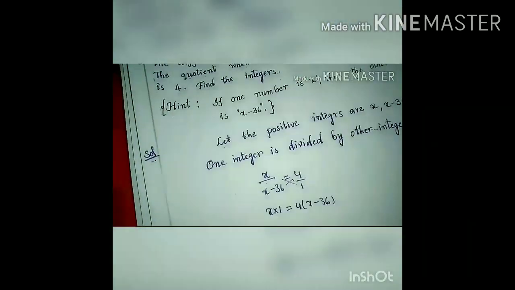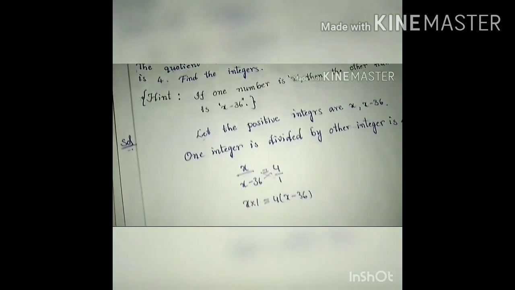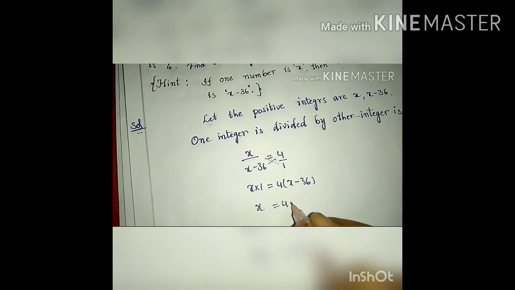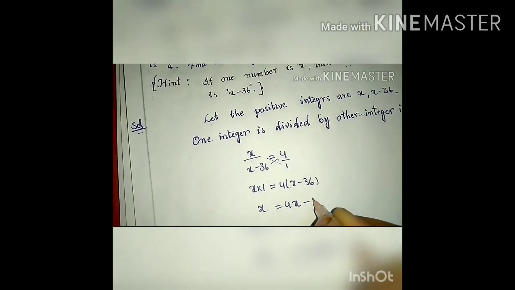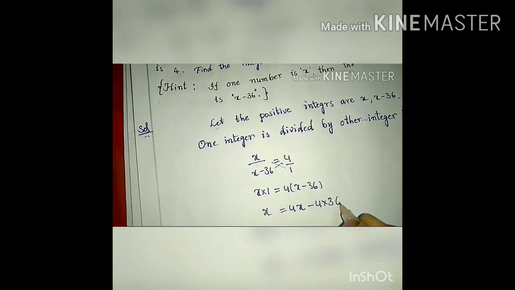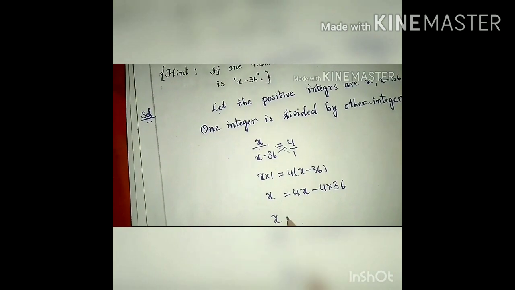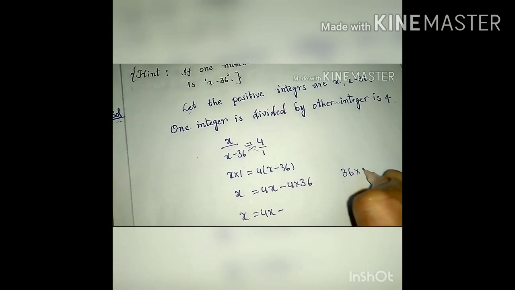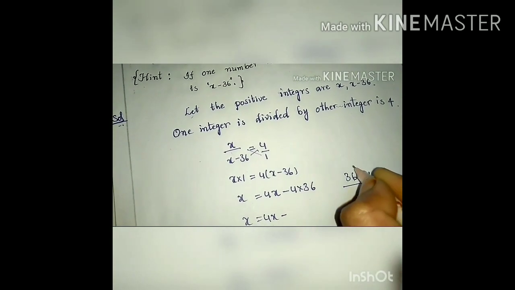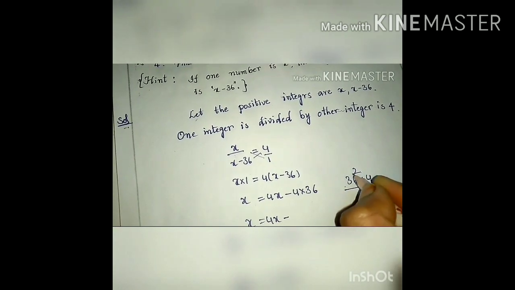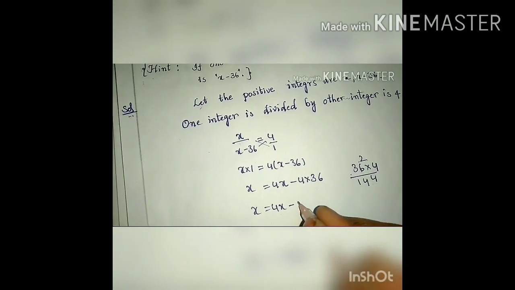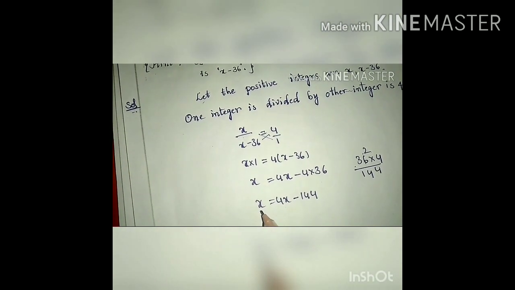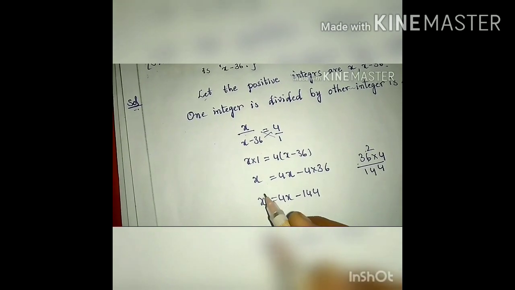So x equals 4x minus 4 into 36. 36 into 4: 6 fours are 24, and 4 threes are 12 plus 2, 14. So 144. Observe that the x variable and its power are the same.